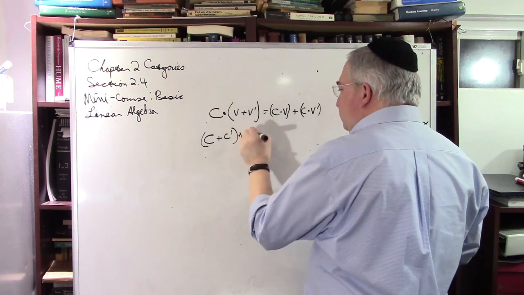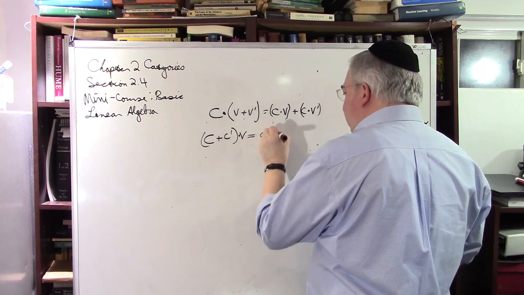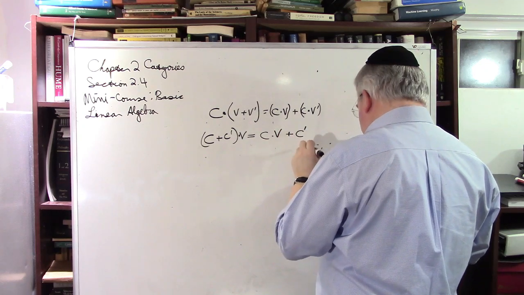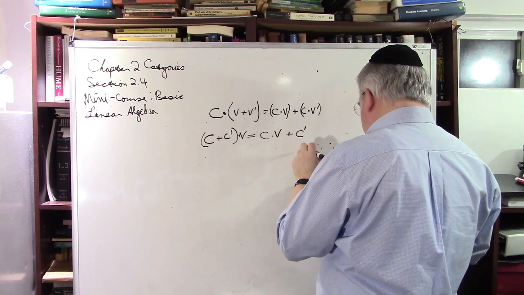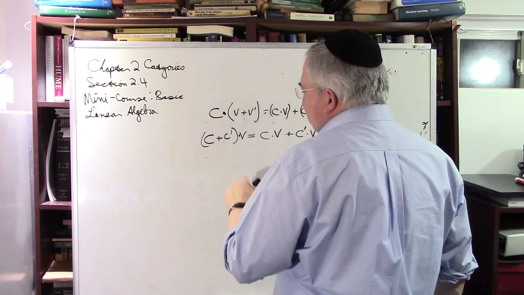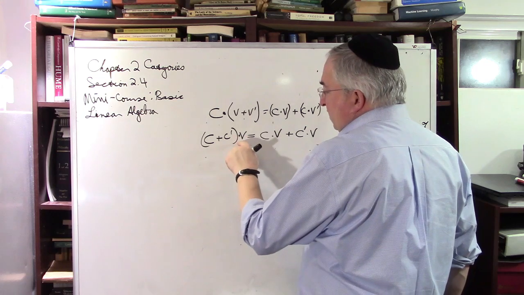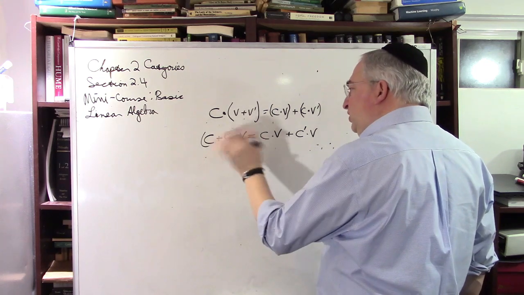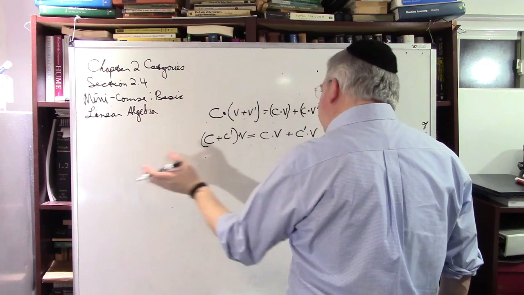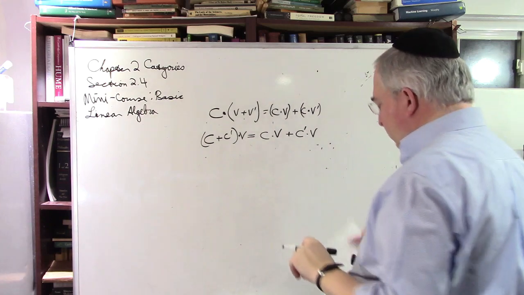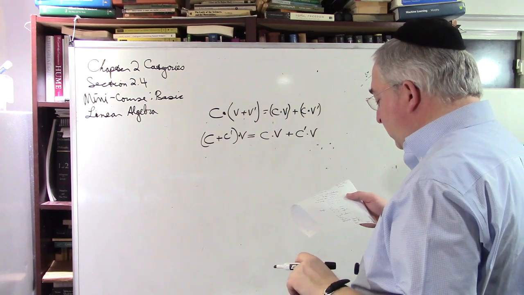So then this is equal to C dot V plus C prime dot V. So what does that say? Well, it says the scalar multiplication distributes again, but over the complex numbers. You're dealing with two things. On this side you have complex numbers. On this side you have vectors. So it's another distributivity rule.